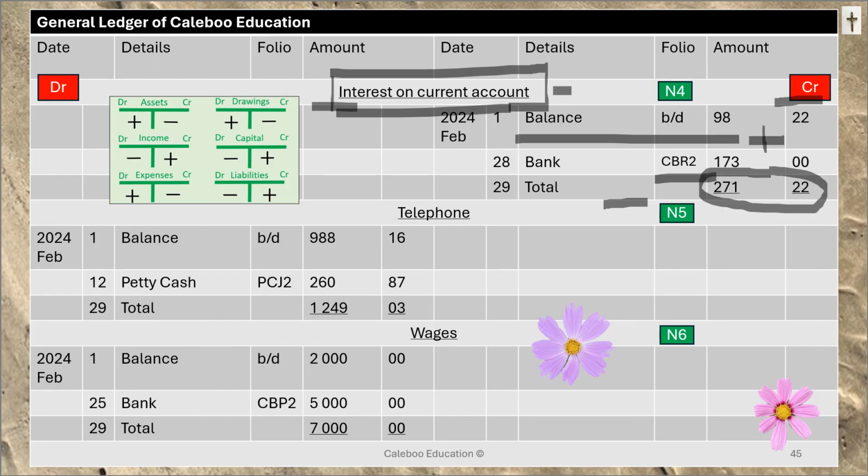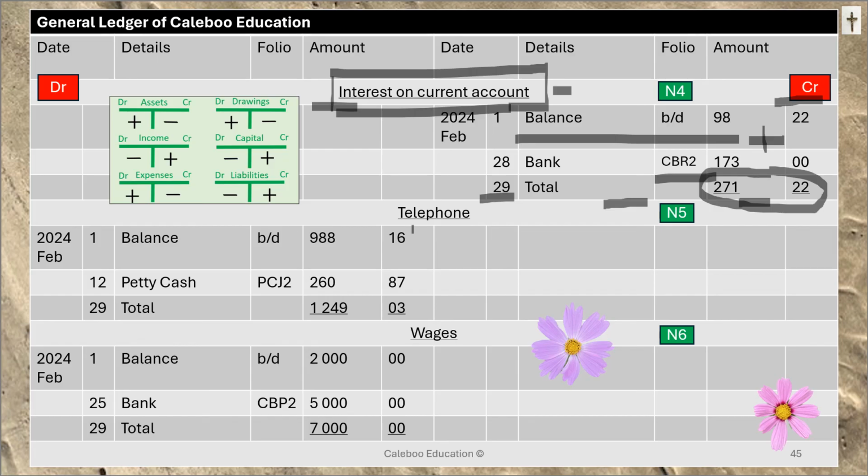So 98 plus 173 is 271. There are only transactions on one side of the account. We can total it on the last day of the month. When we start the next month, we will have on the 1st of March total brought down, and we'll continue with the interest on current account.